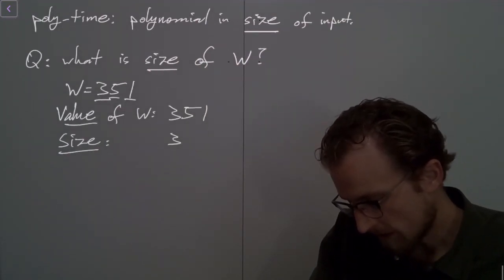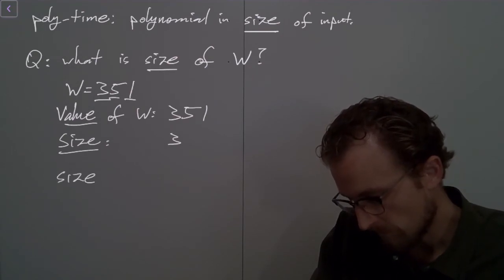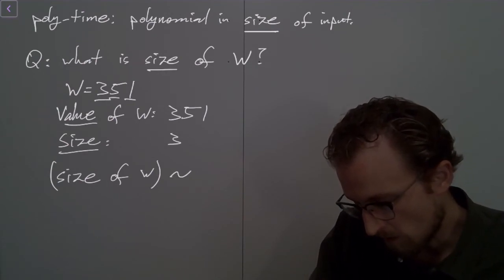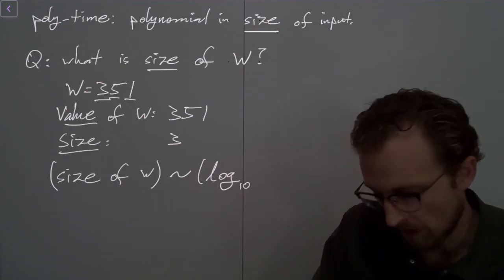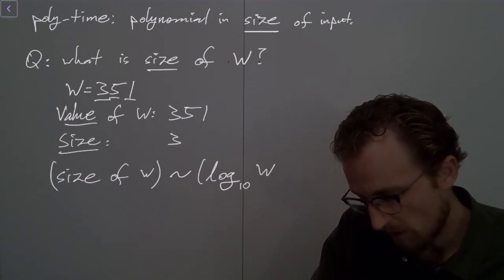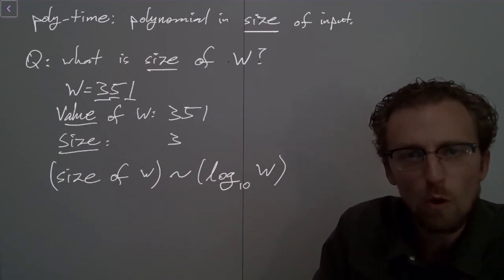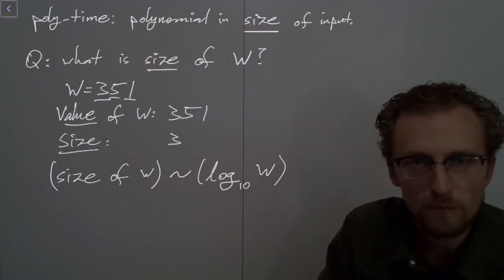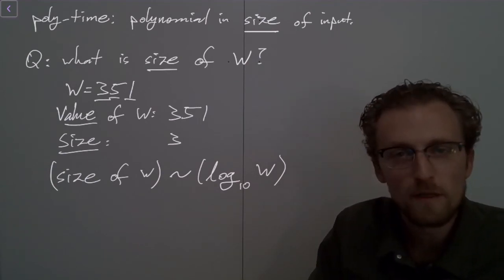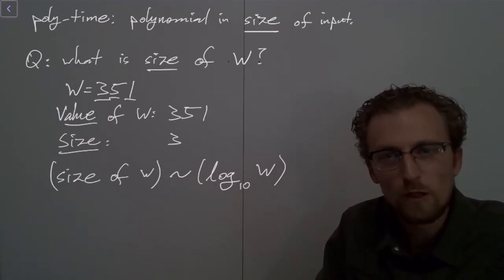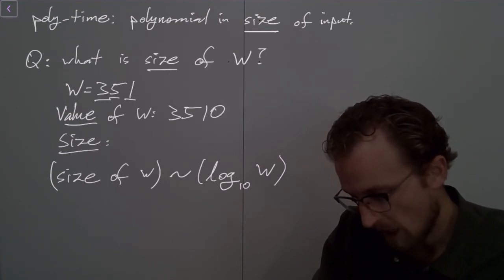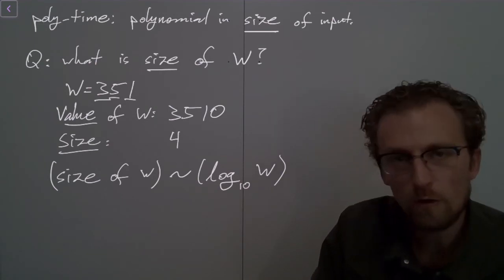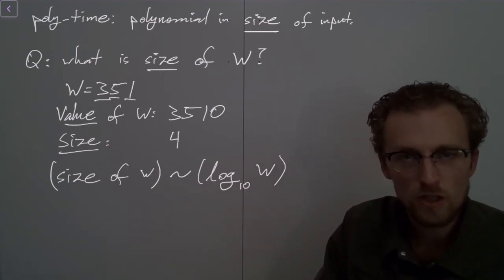So the size of W, let's write it like this, is related to the logarithm, if I'm thinking in terms of decimal numbers, the logarithm base 10 of W. In particular, I believe it's the floor of the log plus 1, right? Because if I added on another 0 here, then the size would be 4, and the logarithm of this thing would be something just greater than 3.